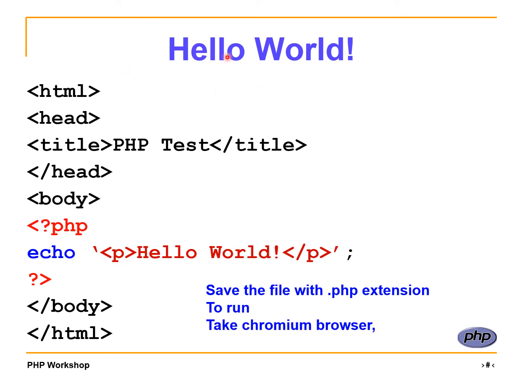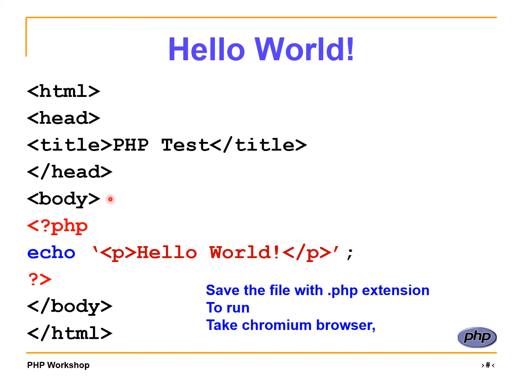Here is a simple hello world example. Inside this example, we can see how hello world is displayed using the keyword echo. I already mentioned that PHP scripts can be embedded in HTML. So the html tag is there, the head tag is there, then the title tag contains the text PHP test, then title is closed, head is closed.